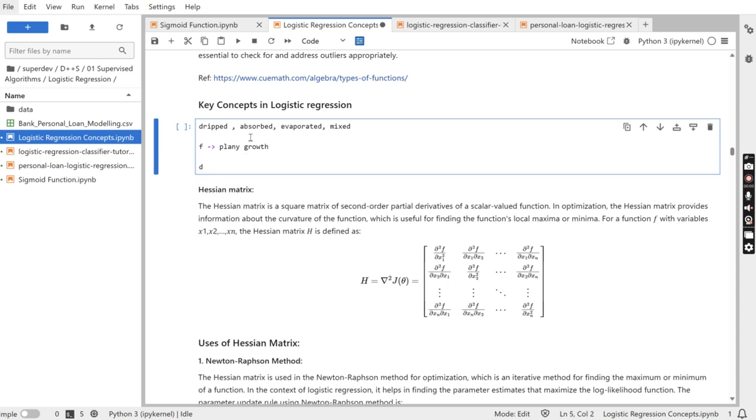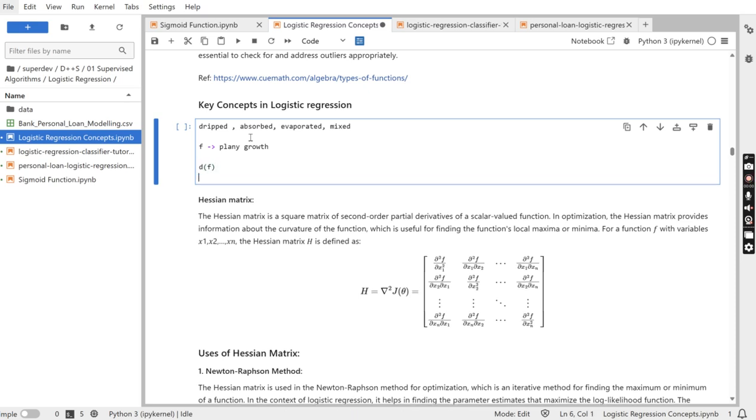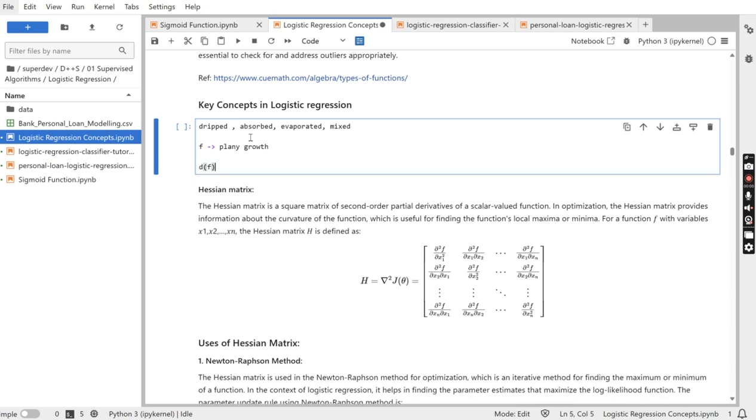What we are trying to do is see how much df is affected by various parameters. In this case, I'll take dr for dripped: how much this dripping is impacting that function.